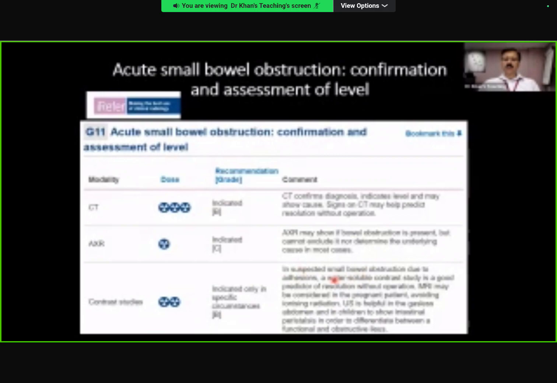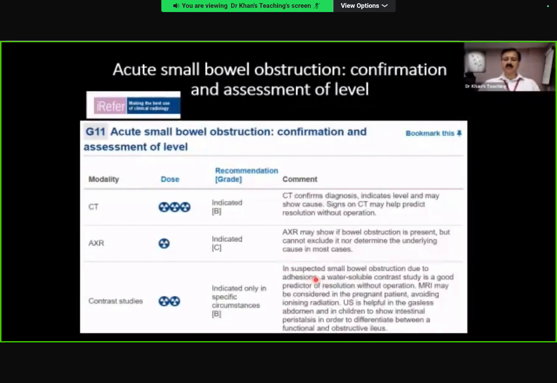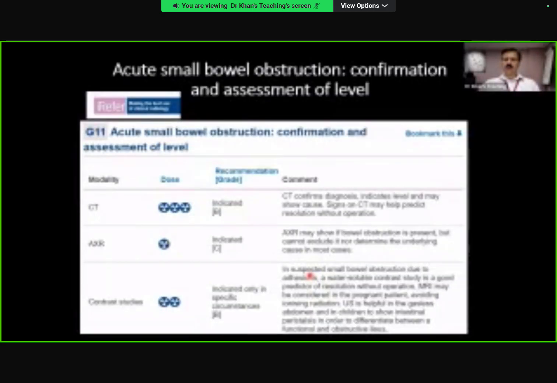If suspected small bowel obstruction due to adhesions, I will come back to this point, adhesions. A water-soluble contrast study is a good predictor of resolution without operation. Now, this concept is asked in the exam. Please remember that the most common cause of small bowel obstruction are adhesions.